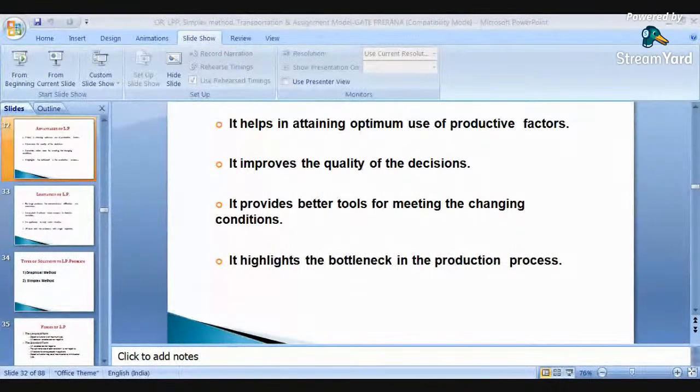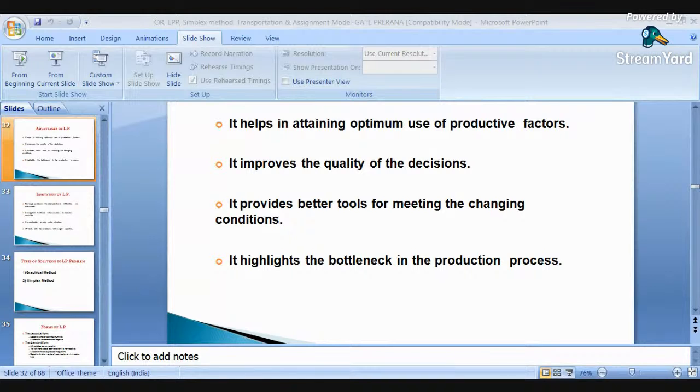So let us see the northwest corner rule, which is explained with the help of this example. You know that these are plant 1, plant 2, plant 3, and warehouses W1, W2, W3. The supply is written on this side, and demand is written on this side. We will start with the northwest corner. Which is the northwest corner?